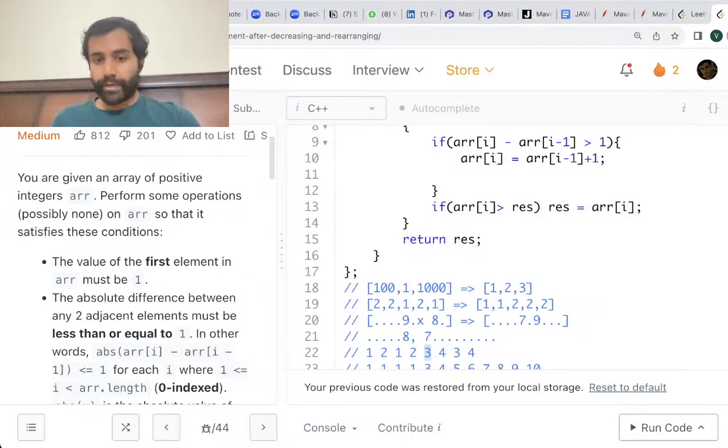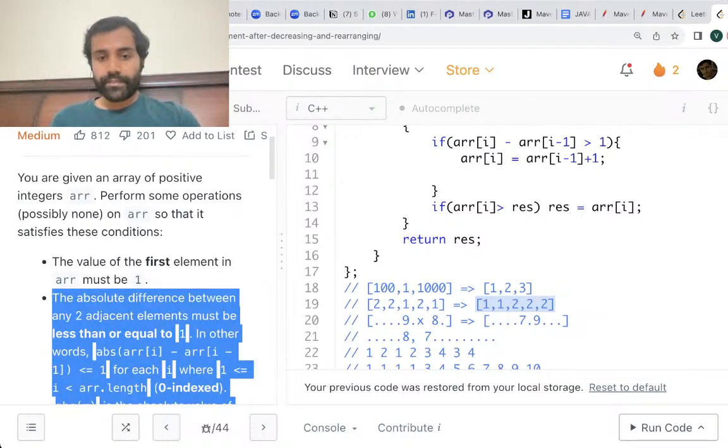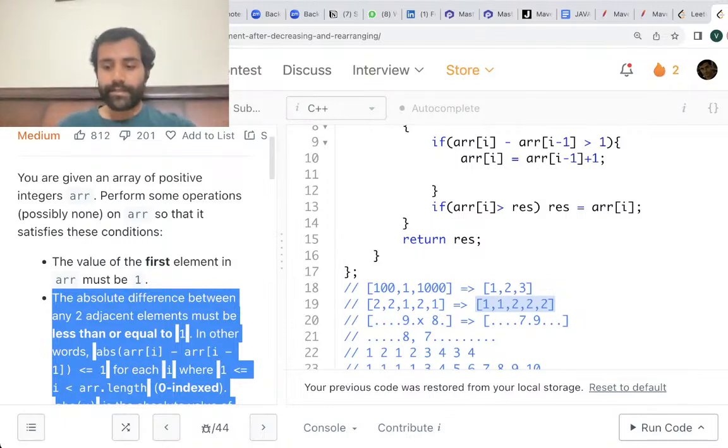This is a very important point to understand. Is it making sense that the ascending order will also hold this property if the original array had already held this property? It's important to understand this point.